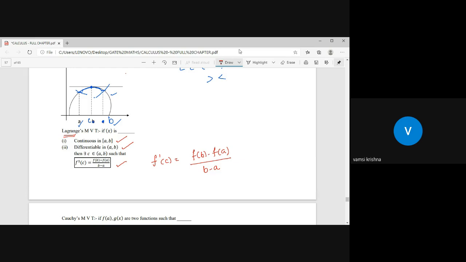But here I didn't specify the third condition, that is f of a is equal to f of b. Yes, you are right. If f of a is equal to f of b, then Rolle's is applied. If f of a is not equal to f of b, if that condition is not satisfied, then Lagrange's will come into the picture.